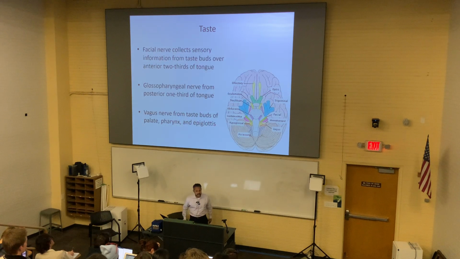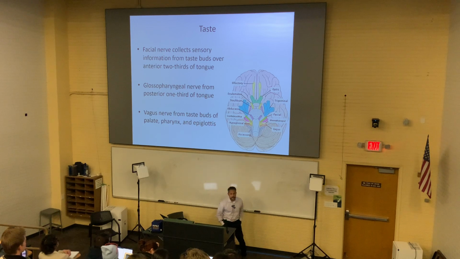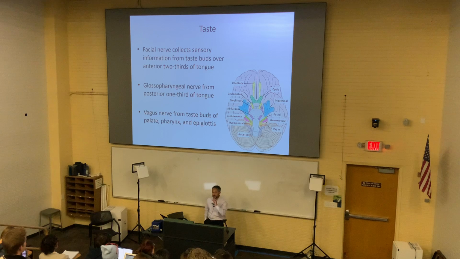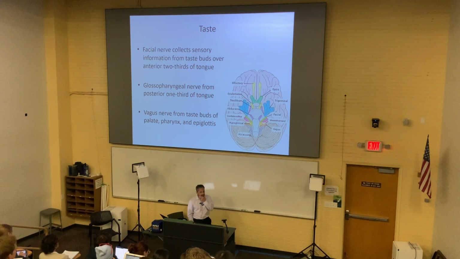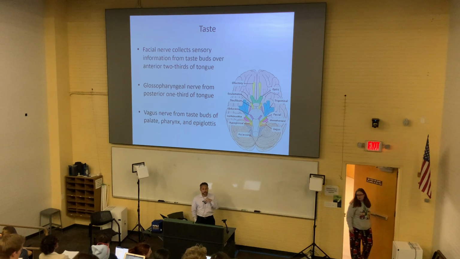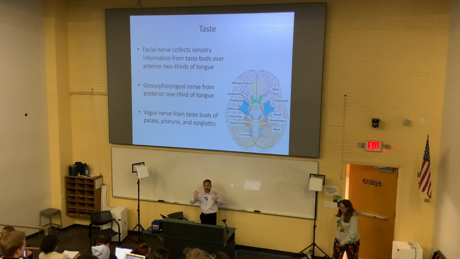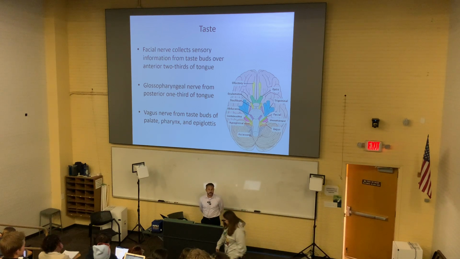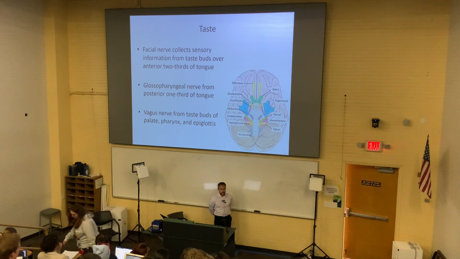Okay, so lastly, and I promised you this, I know in lab you memorized these. There's really only three that I want you to focus on here: the facial, the glossopharyngeal, and the vagus. So the facial nerve, which is also cranial nerve what? 7. The facial nerve collects sensory information from taste buds over the front 2/3 of the tongue, sending it back to the brain.